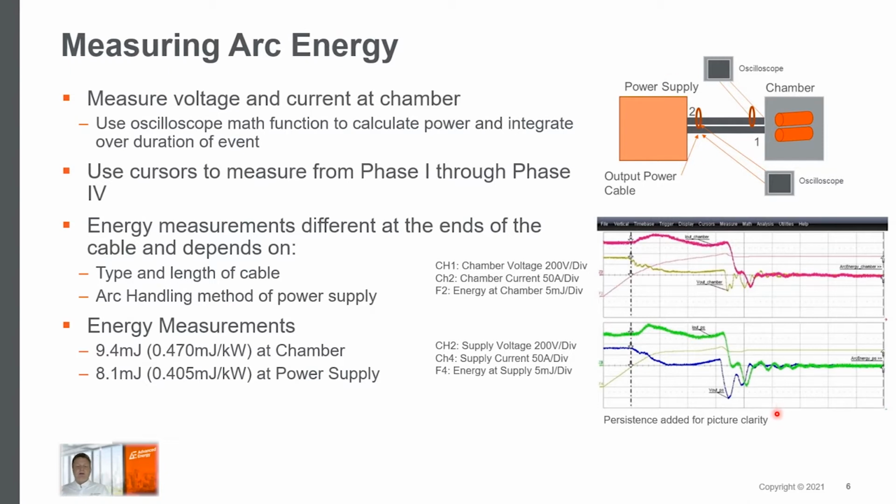This is due to the reversal during this time here, where the voltage has reversed sooner than it did at the chamber, and that energy and that time is subtracted from this measurement. And it's actually pulling energy out of the cable. This is just to point out that depending on where you measure, your measured arc energy can vary. So be consistent.